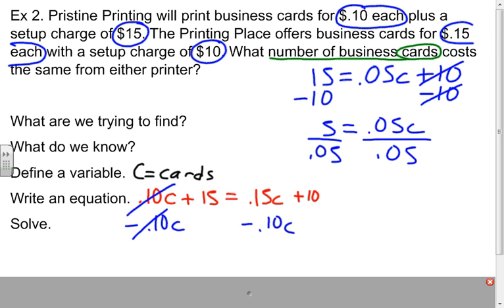Multiplying and dividing are inverses, so those can cancel. And I have C on the right. On the left, grab my calculator. 5 divided by 0.05 gives me 100. So what that means is, if I buy exactly 100 cards from both companies, the cost is going to be exactly the same.